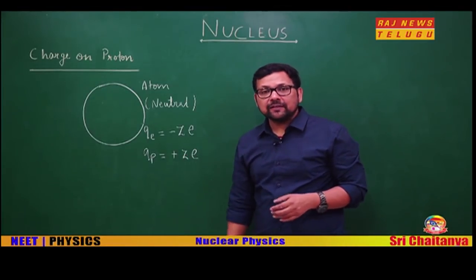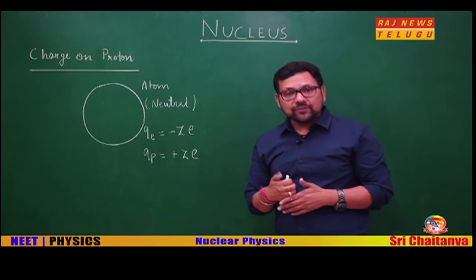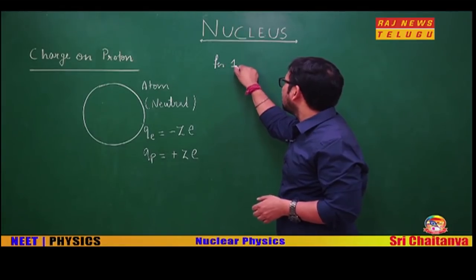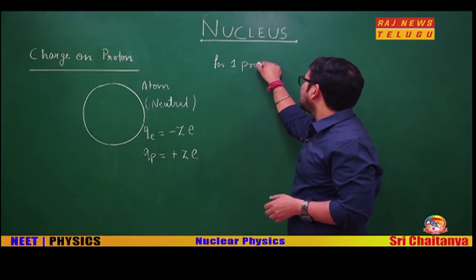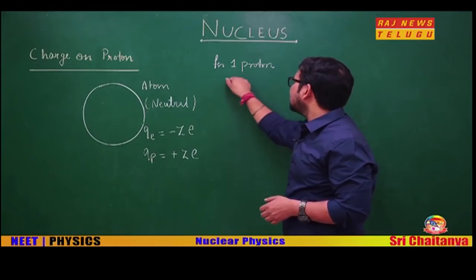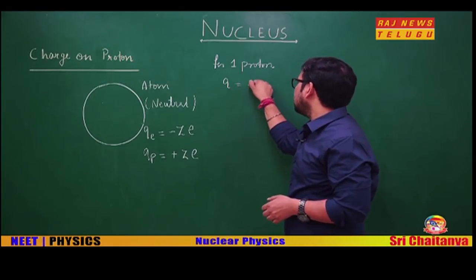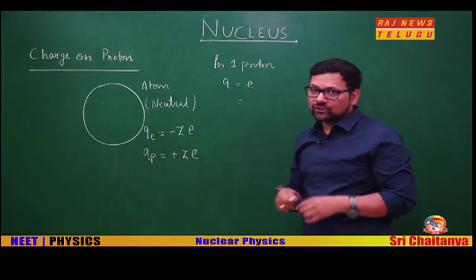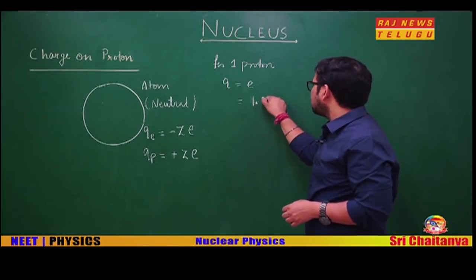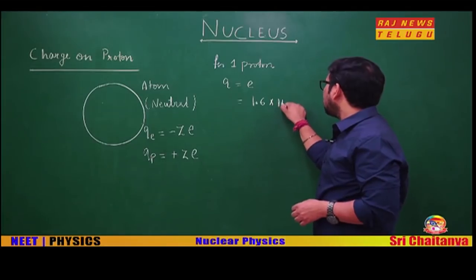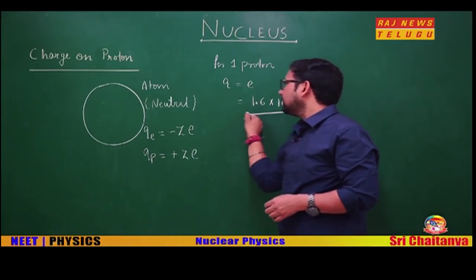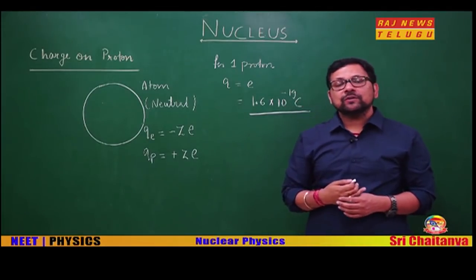So obviously, when we use the quantization of charge for one proton, the charge is E, which is equal to the charge on one electron. So it's 1.6 into 10 raised to power minus 19 coulomb. This is the charge on one proton.